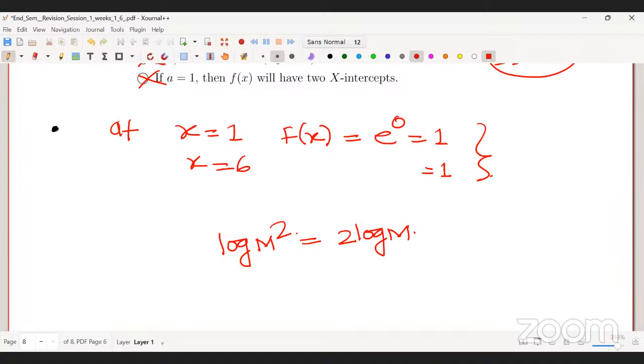This is what it's asking. Oh, okay, sir. You have log m square with base a, right? And this is precisely 2 log m base a. Okay, sir.